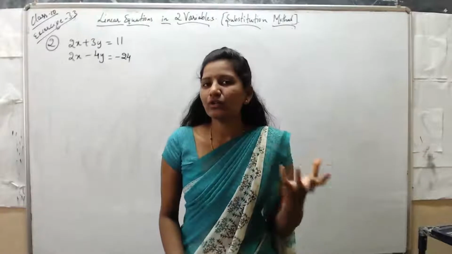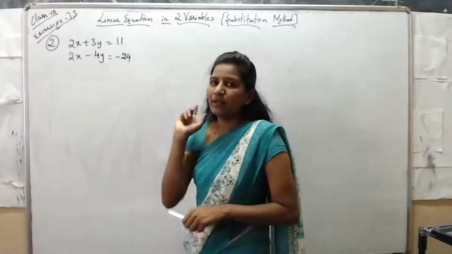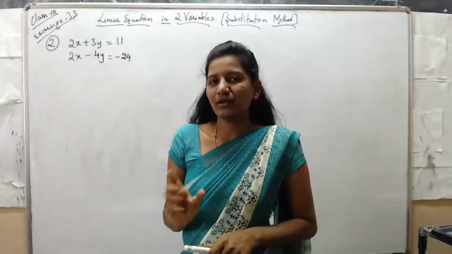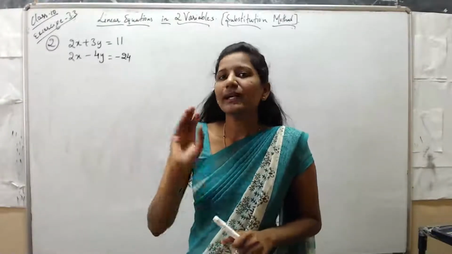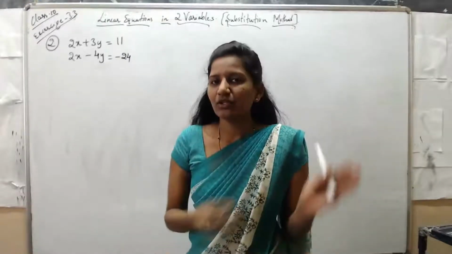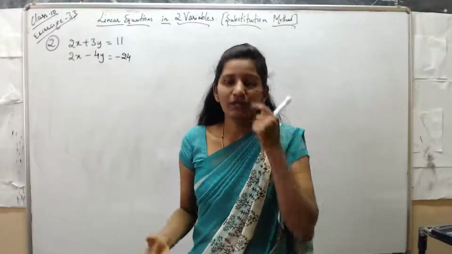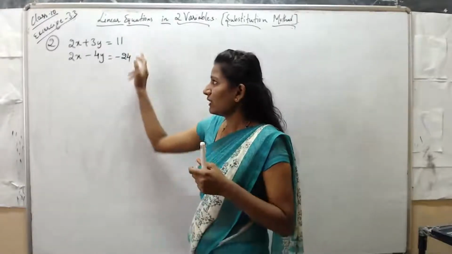See here, what we have to do in this problem is, first we have to solve these two equations by using the substitution method. What will you get? You will get x and y value. In all problems we got x and y value. Here also you will get x and y value.